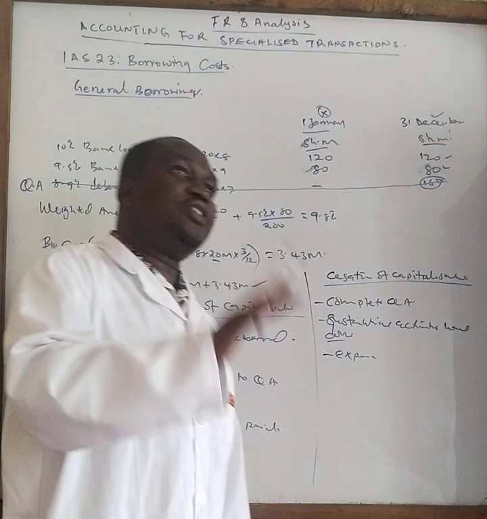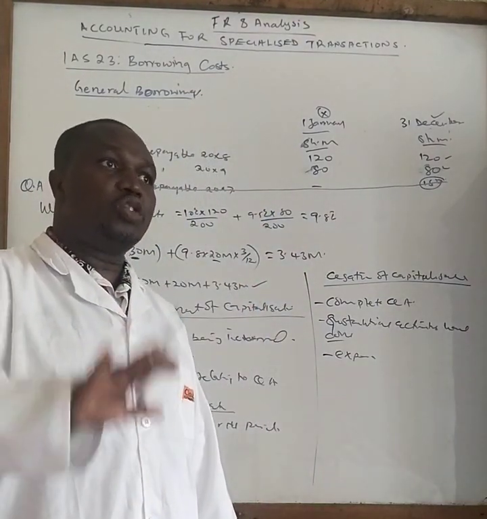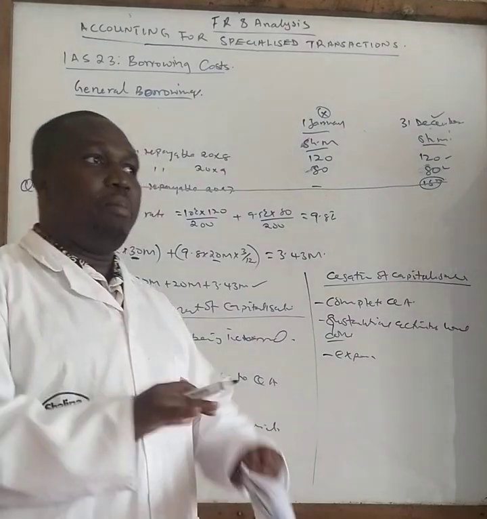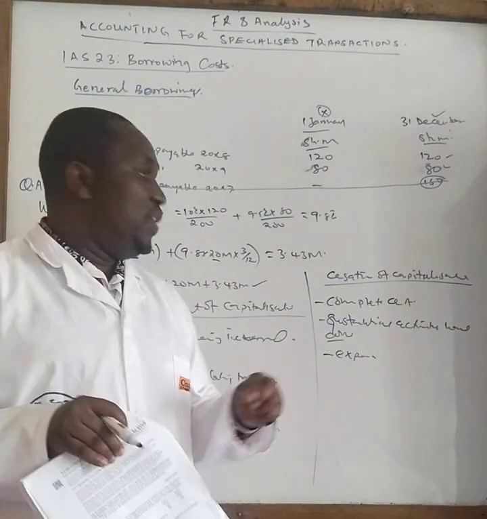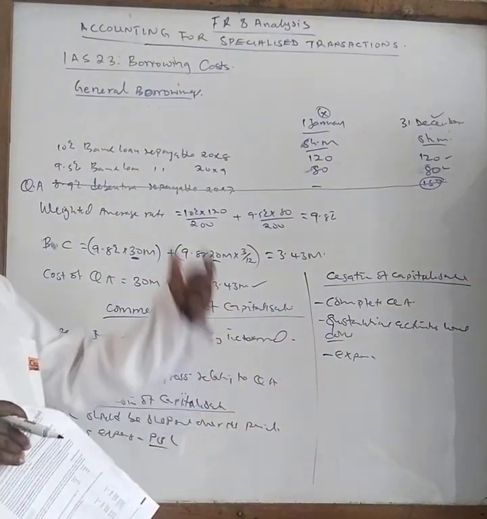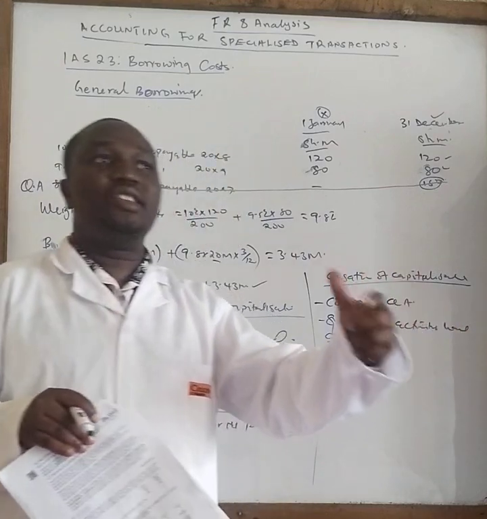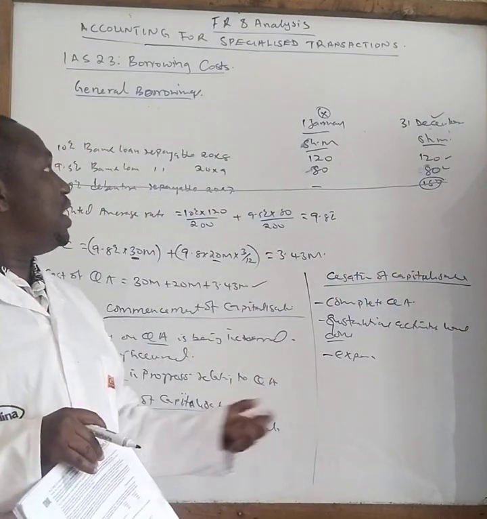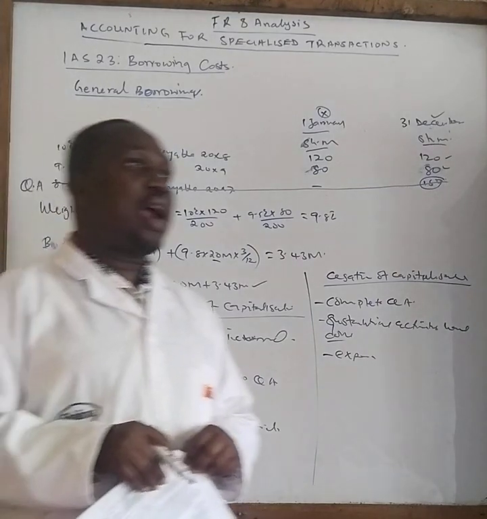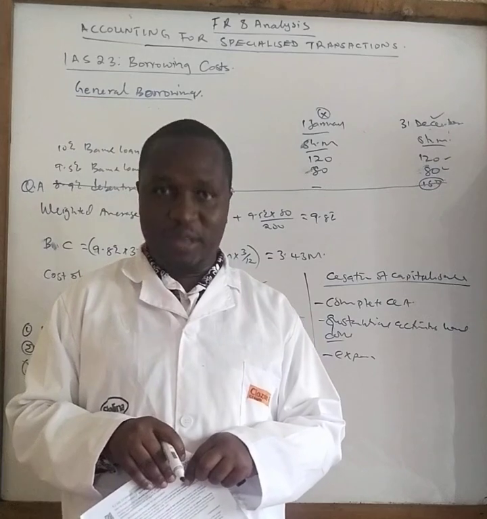If you say cessation of capitalization, it means that you are not adding the borrowing cost to the qualifying asset, but you are treating it as normal ordinary expenses. Then suspension also, you are not treating it as a capital asset, but you are taking it as an ordinary expense. So that is now the end of International Accounting Standard 23, borrowing costs.